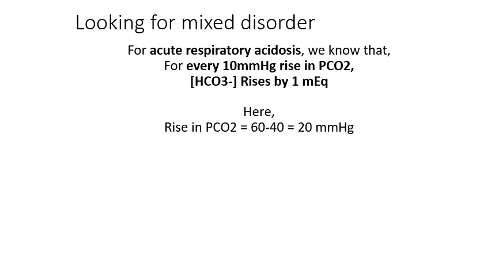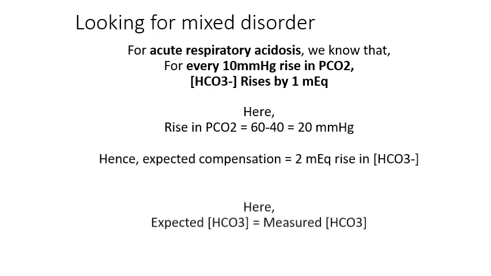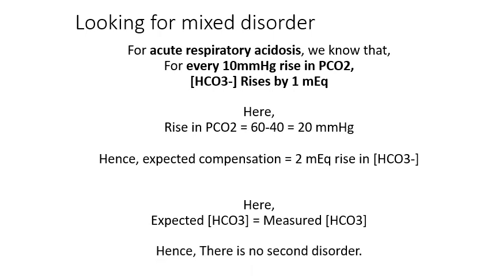So we can figure out that the bicarb should rise by 2. In this case, we have a bicarb of 26, and the expected value of bicarb is also 24 plus 2, that is 26. So there is no additional disorder. So the diagnosis becomes acute respiratory acidosis only.